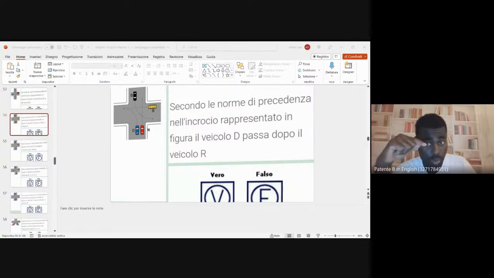R will go. After R is gone, guys, the N and the D go, and finally the B in the junction will go. And the question says that the D will go after the R, and the answer is true. When the B stops in the center, the R will go, and then the D and the N will go. So the answer to this question is vero.